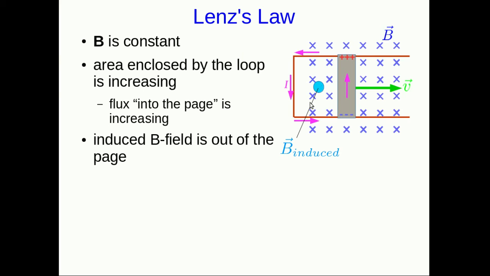And so the flux due to this induced B field is opposing the change in the flux resulting from the motion of the rod. So it's not that the current flows to oppose the change in the B field. It's that the current flows to oppose the change in the magnetic flux.